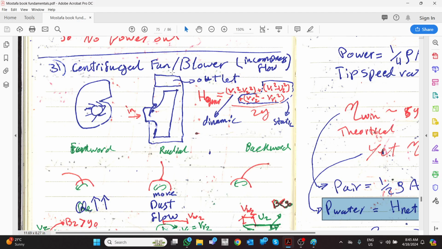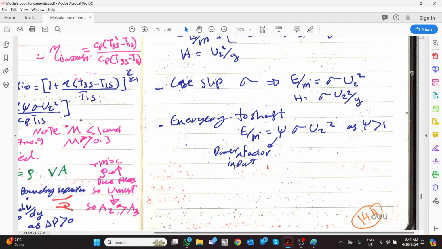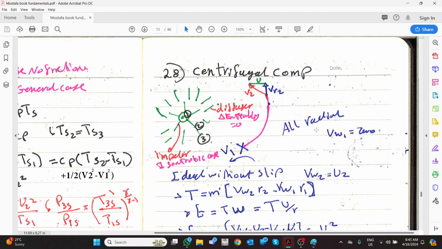So a centrifuge fan or blower is similar to a centrifuge compressor without a diffuser. Here we are free not to be all radial. We kept it all radial at the outlet in the compressor because there is a diffuser, and I want to ensure that the air coming from the impeller is flowing in the same direction as the diffuser.